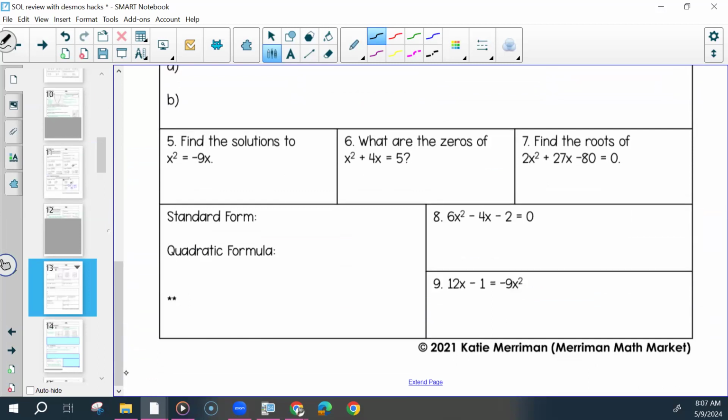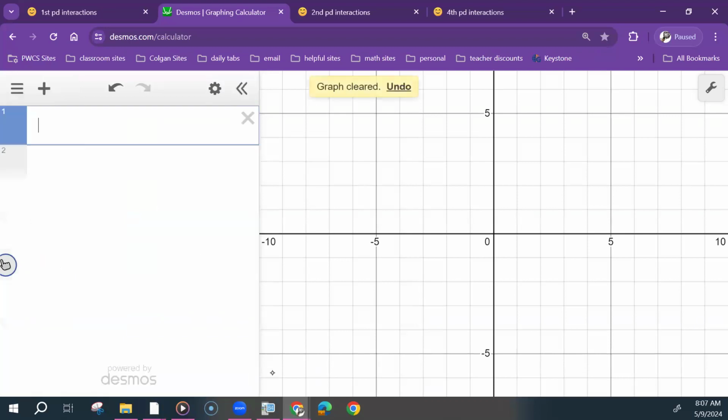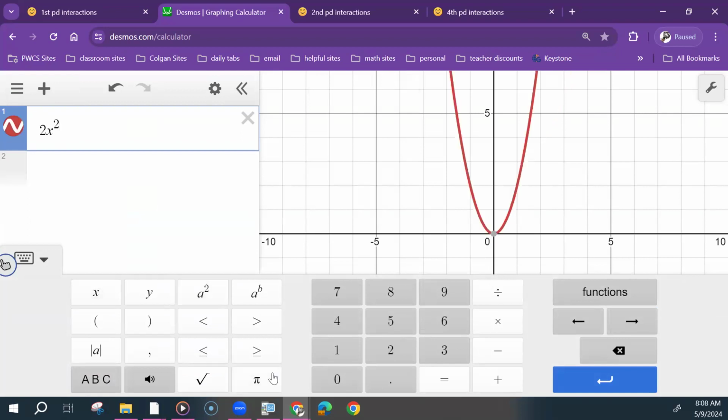So anytime it asks you to find the roots or solutions or x-intercepts or zeros, Desmos is your go-to. Type in that equation. And you can do one of two things, either type it in with the equal 0 or type it in without. You want lowercase x's, otherwise it won't graph correctly.